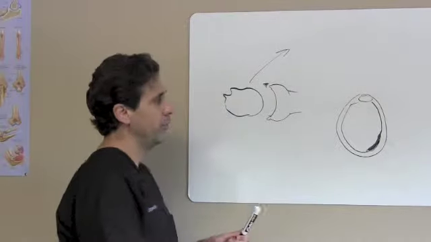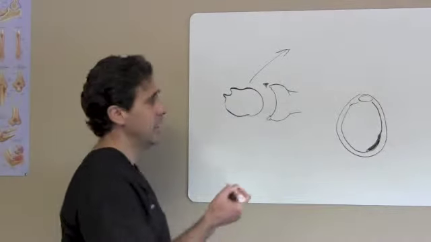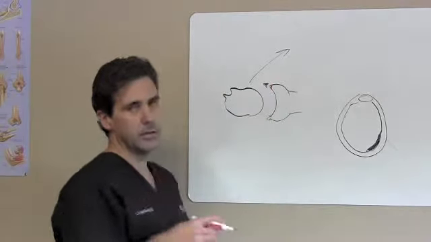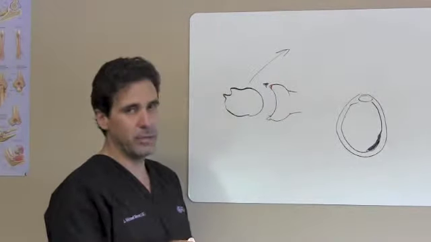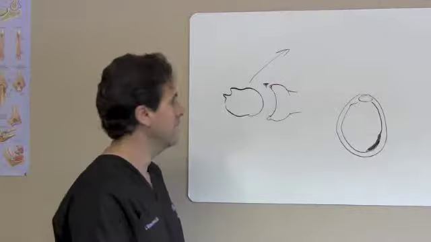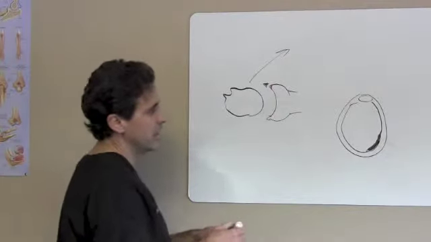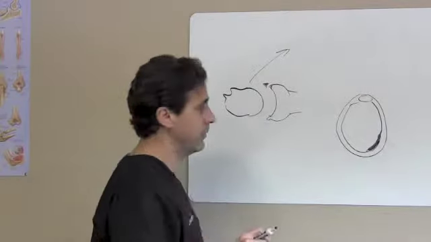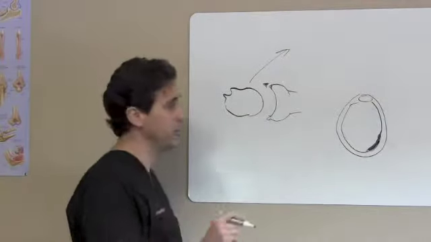Basically what we would do is we would freshen up these areas here, which would create a little bleeding bone surface there, a little bed to put the repair on, and come through with little absorbable anchors that are made from the bone type material.